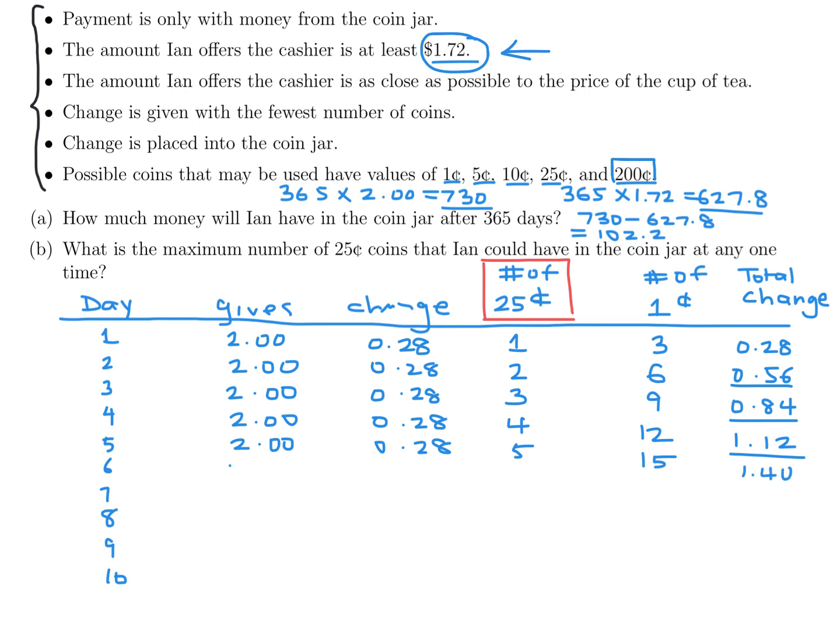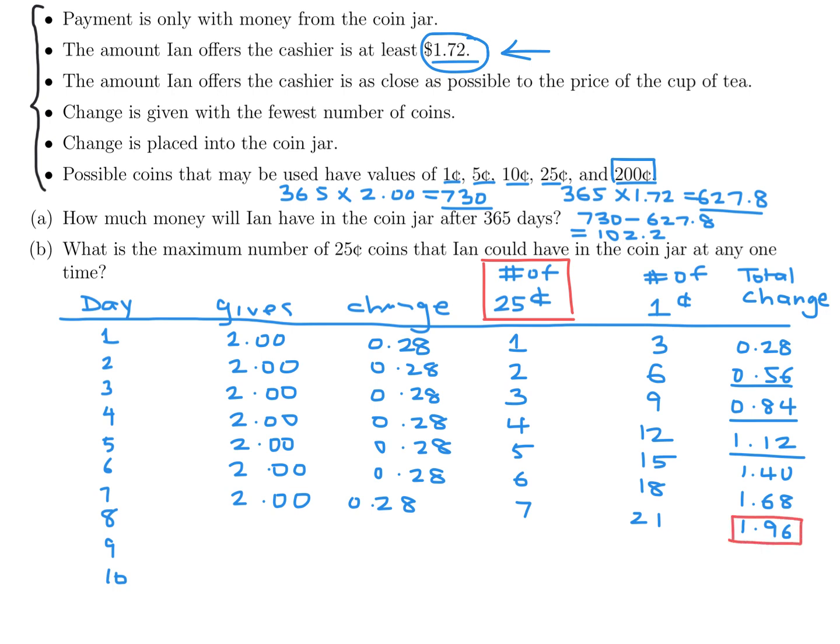We're close, but not quite yet. Gives another 2. 28, this goes up to 6, this goes up to 18, now we're up to 1.68. Still not there yet. 0.28, now we're up to 7, this is up to 21. Now we're at $1.96.